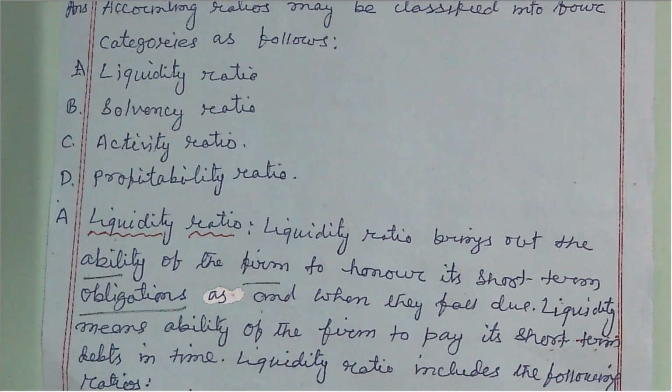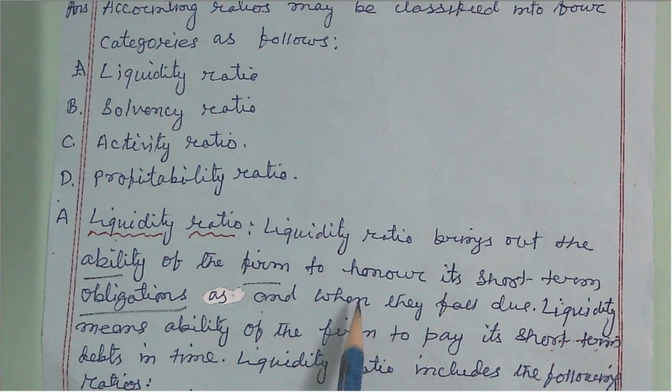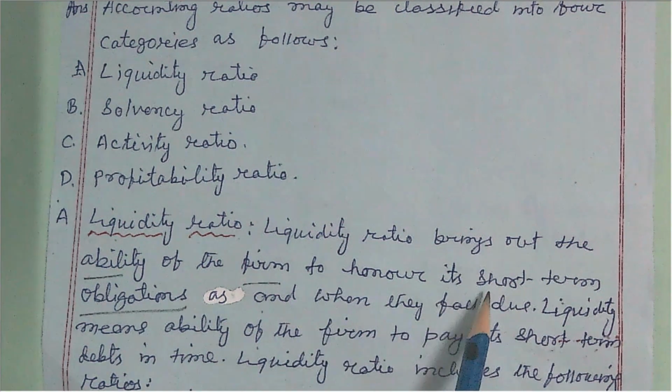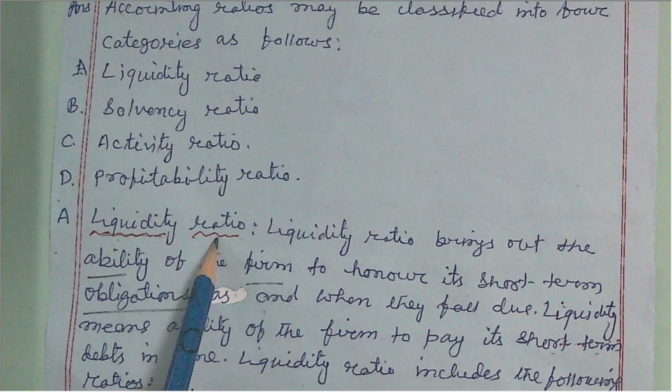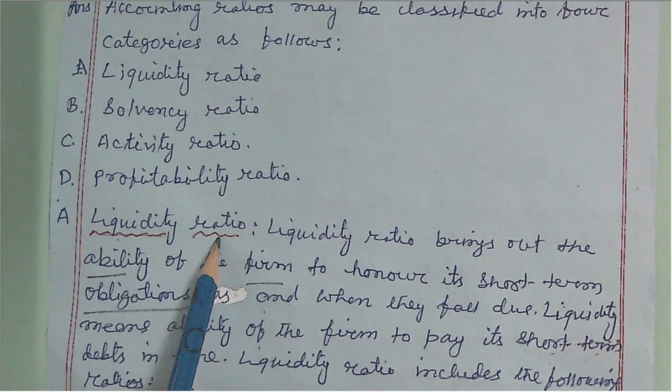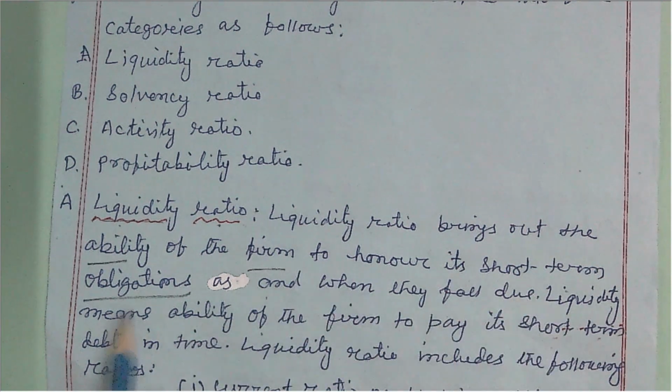Now short term obligation, that is current liabilities. Current liabilities are paid out of current assets, and whether current assets are sufficient or not is determined with the help of liquidity ratio, to pay the short term obligation, that is, current liability is payable out of current assets, and that is the ability of the firm to honor its short term obligations as and when they fall due.